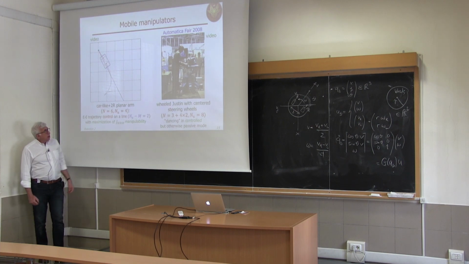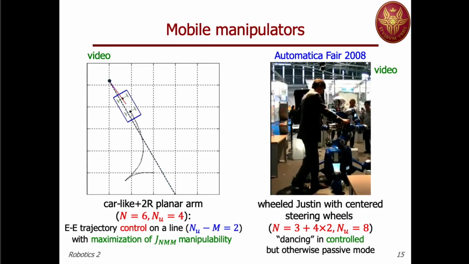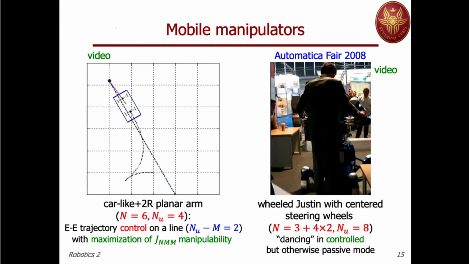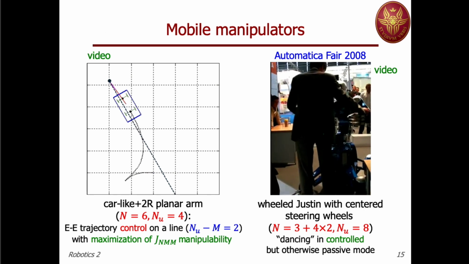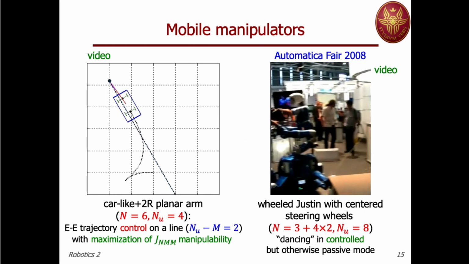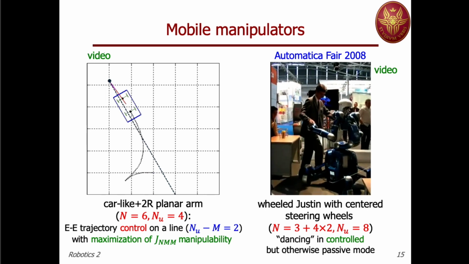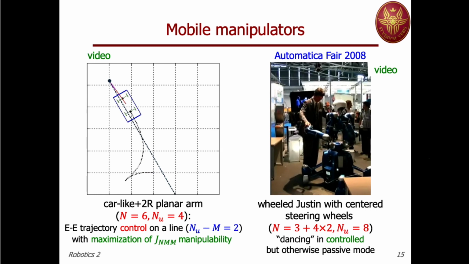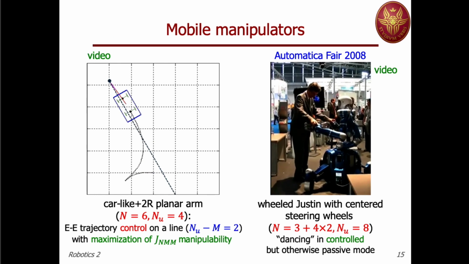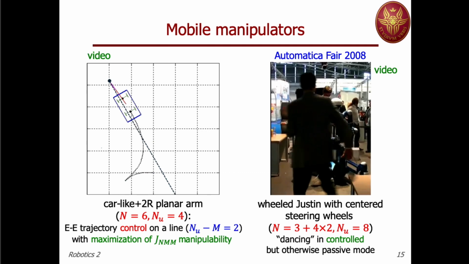Here I have a completely different video just to show that things may be much different. You may hear some sound in the background. This was recorded at the Automatica Fair, one of the largest fairs in Europe, in 2008. And it's a mobile-based manipulator with a very complex kinematics of the base. There are 4 wheels.